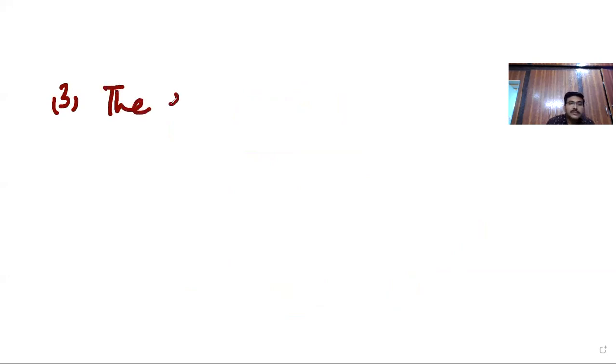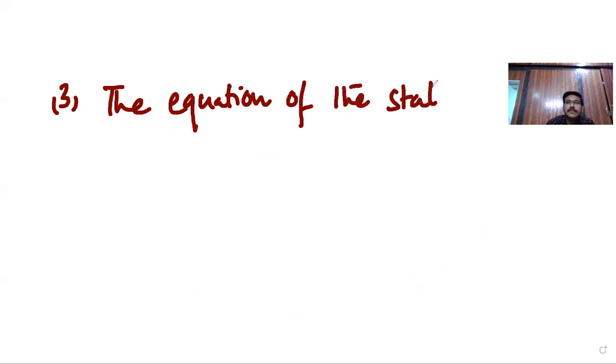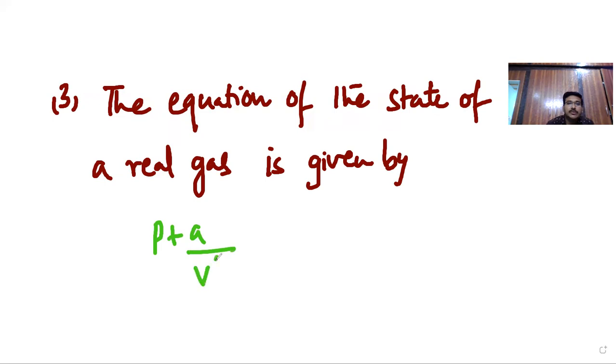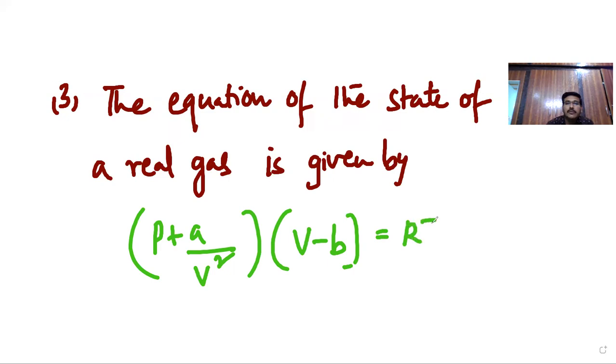The equation of state of a real gas is given by P plus A by V square, into V minus B, which is equal to R into T. Clear?